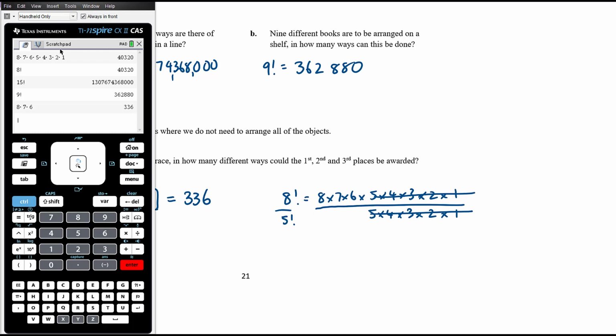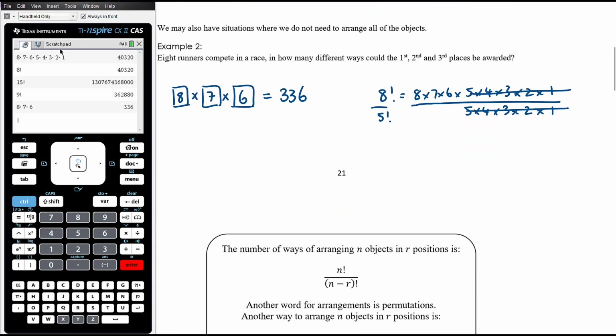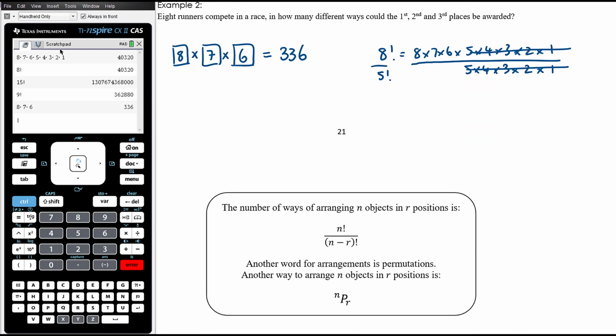So if we were to think about that more generally, if we have n objects to be arranged into r positions, in the same way that here we just did an example where n was 8 and r was 3, and we found that that was 8 factorial over not 3 factorial but 5 factorial. And that 5 factorial came from the fact that we wanted to keep 3 positions, so the remaining 5 are what we don't want.